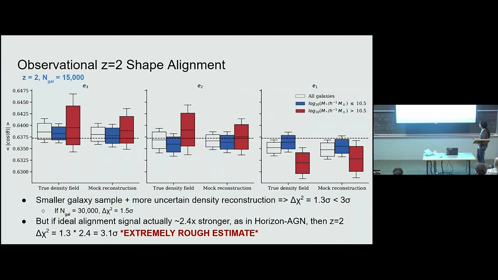So in reality, if our ideal alignment signal is around the same strength as Horizon AGN, and we do this extremely rough estimate and just multiply the alignments we see by how much stronger they are in Horizon AGN compared to IllustrisTNG, we find that we may be able to detect the redshift 2 shape alignment signal with a good significance over the conventional barrier of 3 sigma.